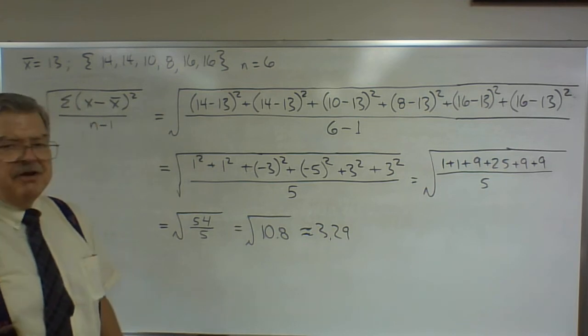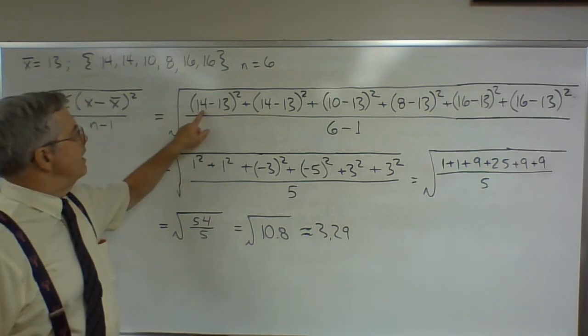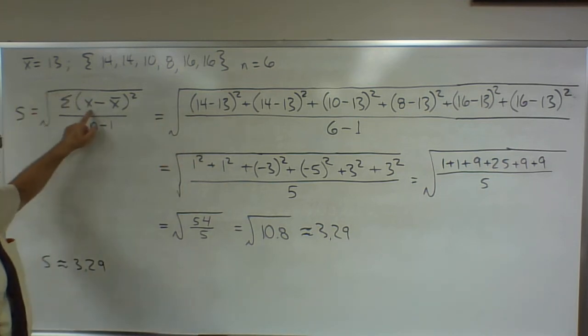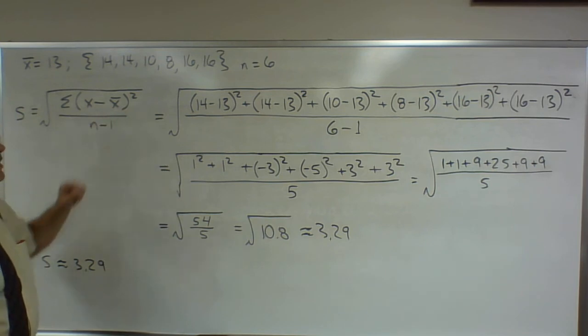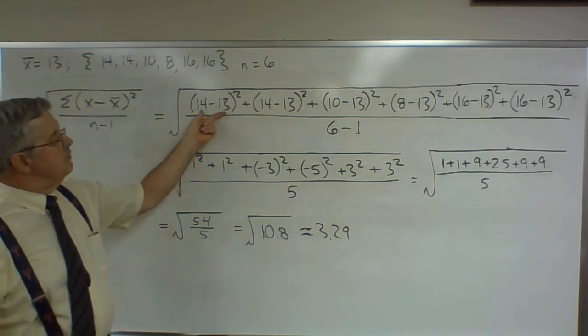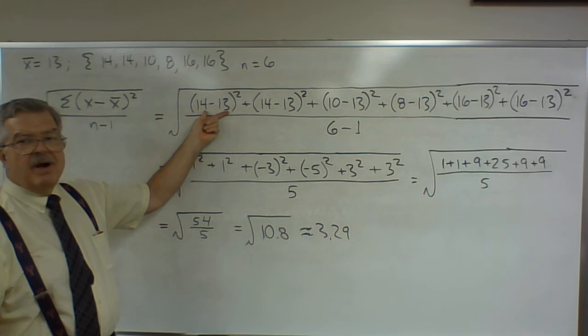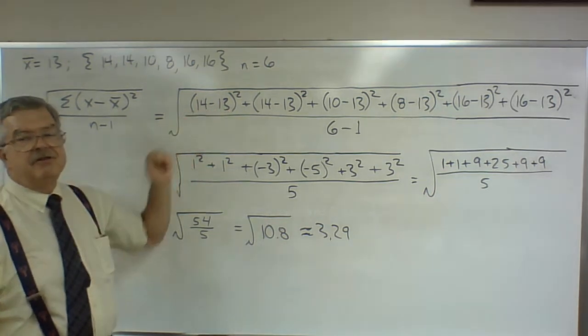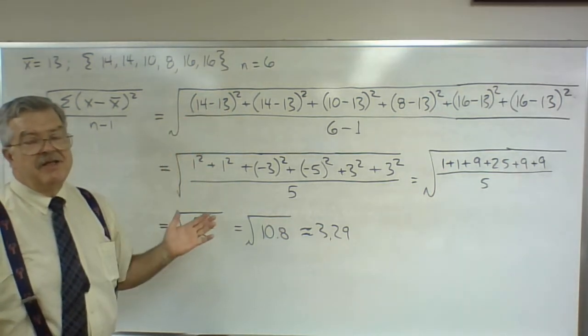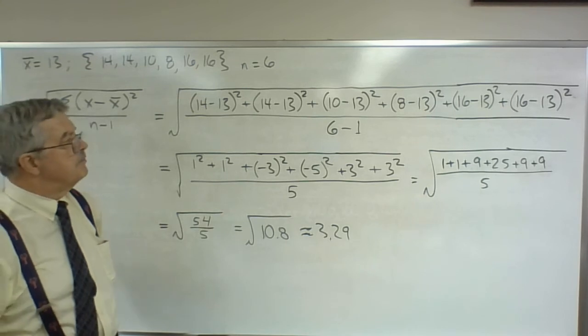We're trying to measure how far the data values, x, are from the mean, but we have to square these things, otherwise the pluses and the minuses would even out, and in the end we'd get 0.